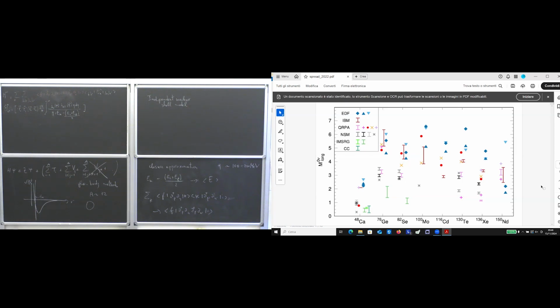And in the comparison between the approximation and the full calculation, the difference is less than 10% on the matrix element. So this is a good approximation. This is the first issue that I wanted to point out.